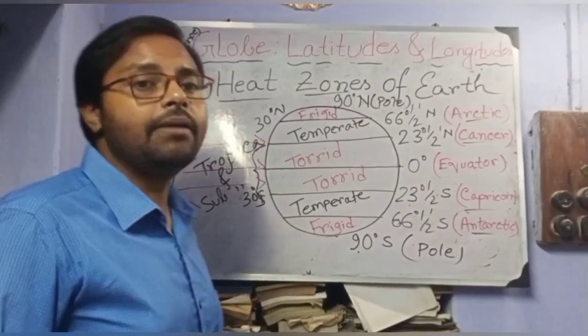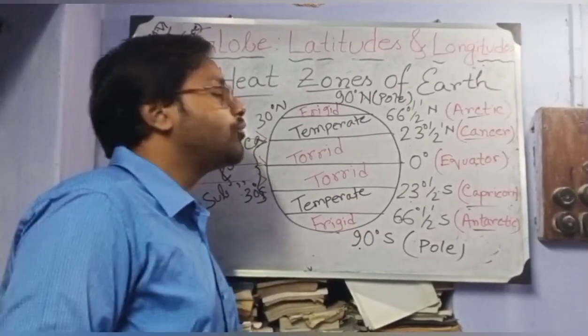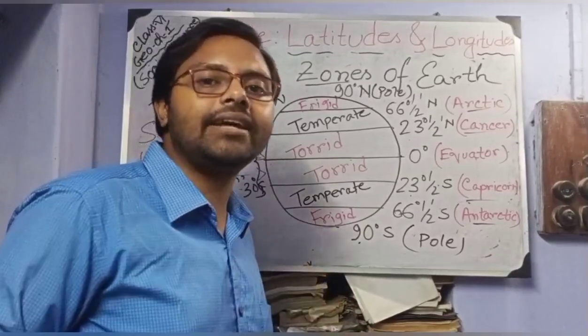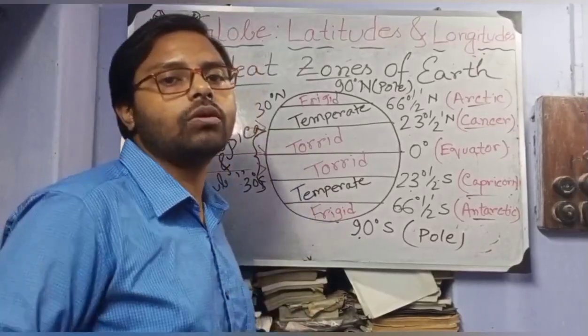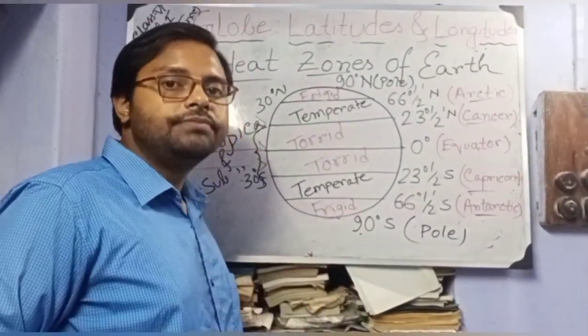That's why the temperature is higher than in any other regions. Rainfall is also higher than in any other regions. Humidity is higher than in any other regions. That's why these climatic regions are known as the torrid zone, due to huge temperature and rainfall.